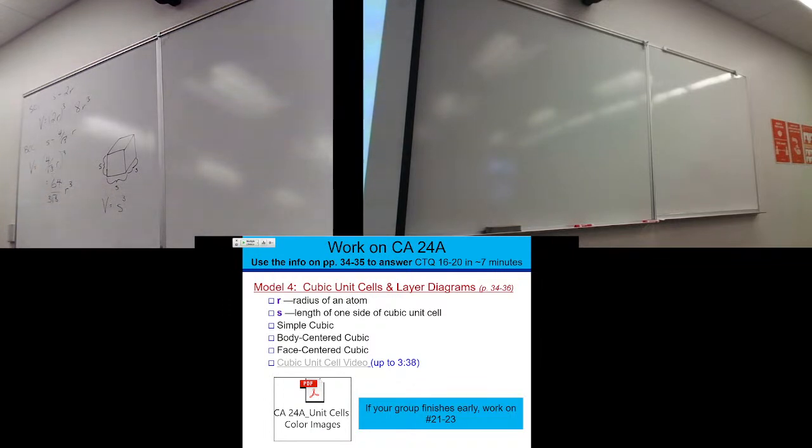There you go. And then face center cubic, the side is radical 8r. And so the volume is going to be radical 8r cubed. So 8, radical 8 cubed is 8 radical 8, and then r cubed. I did that fast.